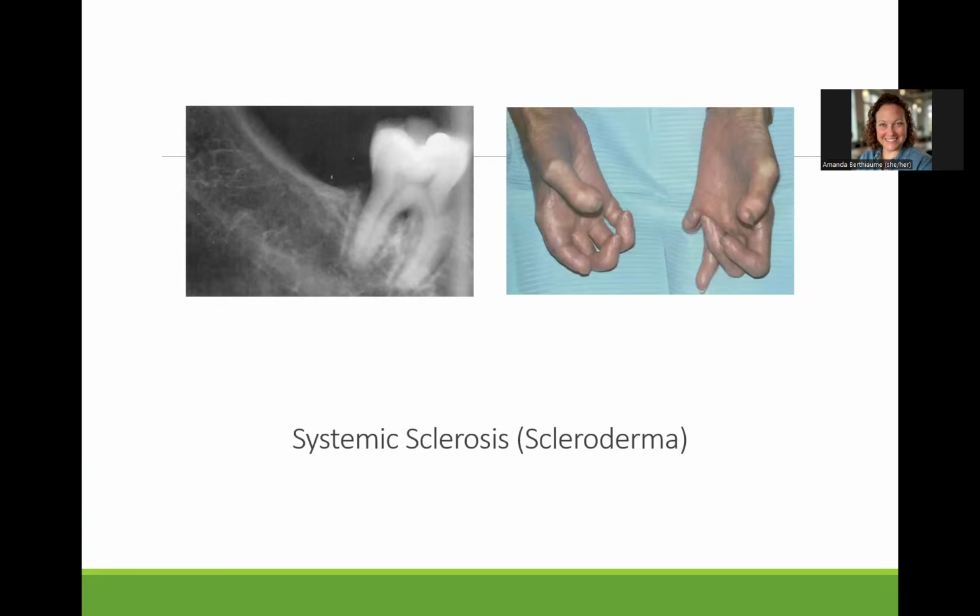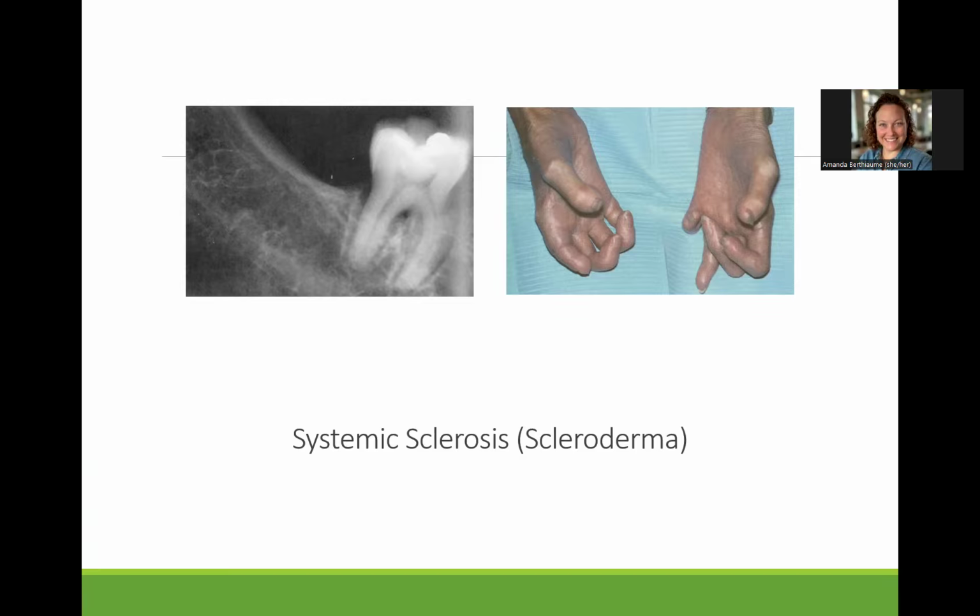You might see some scleroderma. This is also an autoimmune disorder. Unfortunately, this does not get enough recognition because not enough people have scleroderma for there to be a lot of money in research. I have a friend that has scleroderma, and I've had patients who have had scleroderma.